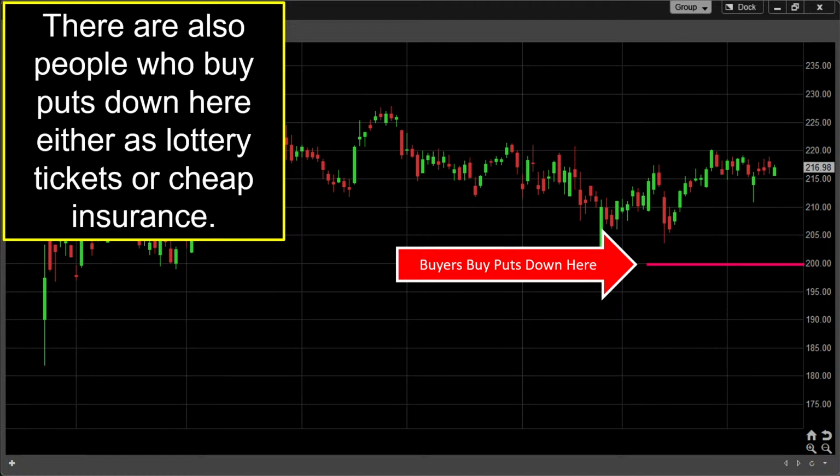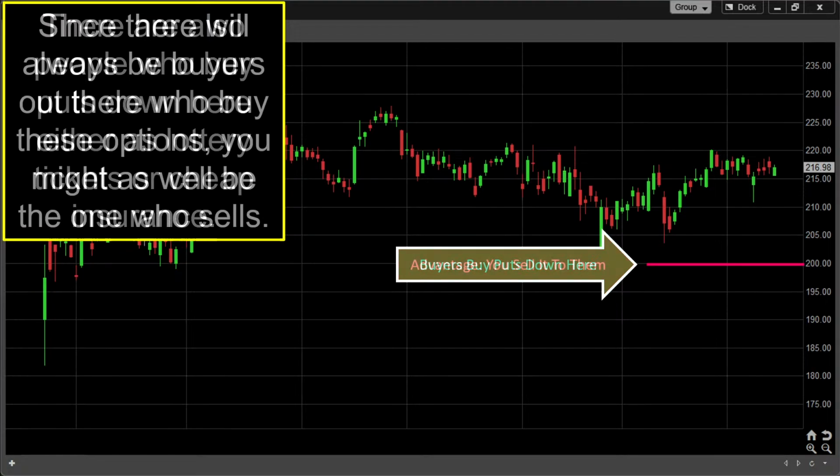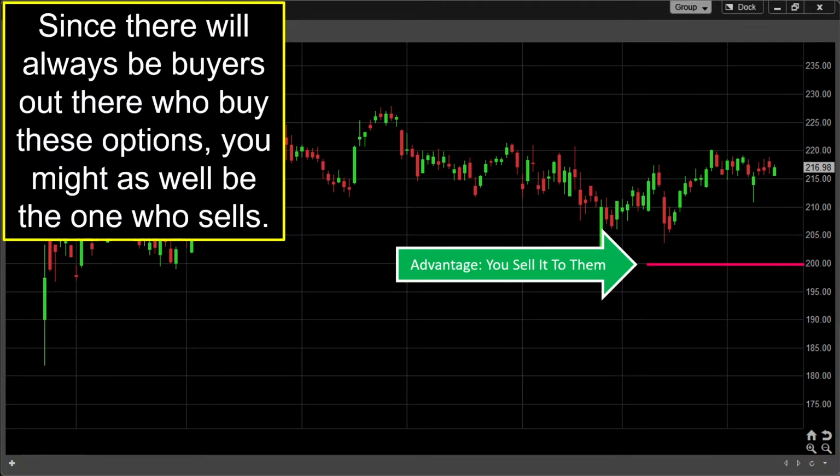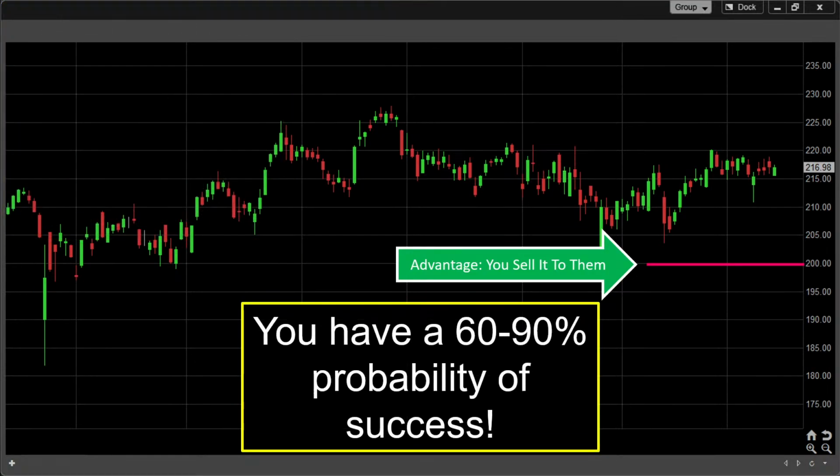I think the stock's going to go down, but it's got to go down $20 a share before I make any money. Or maybe they own the stock and they're just trying to protect their profits. That's cool. Listen, it doesn't matter why they're doing it. There's always going to be those buyers out there who buy these options. They need the seller. When you sell those options, you are getting a 60 to 90% probability of success right from the start of the trade.